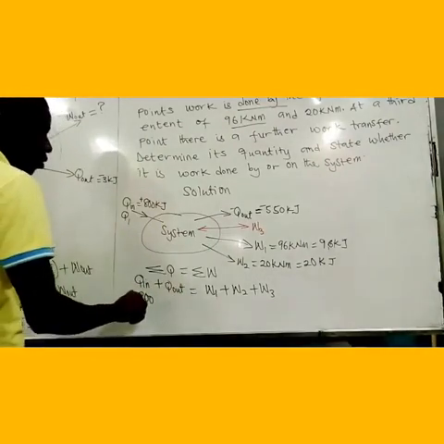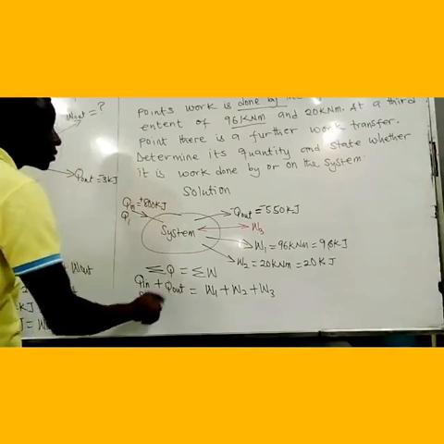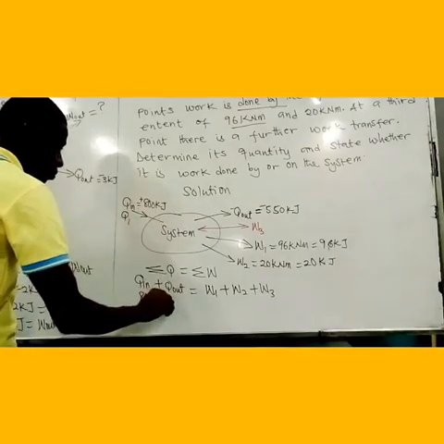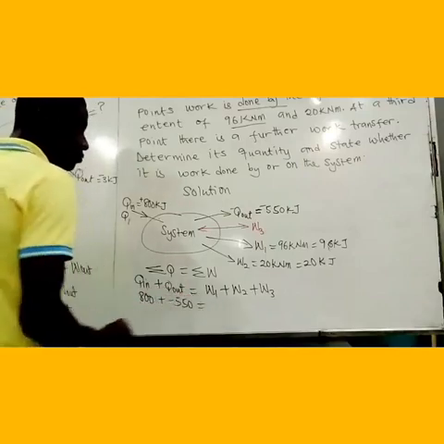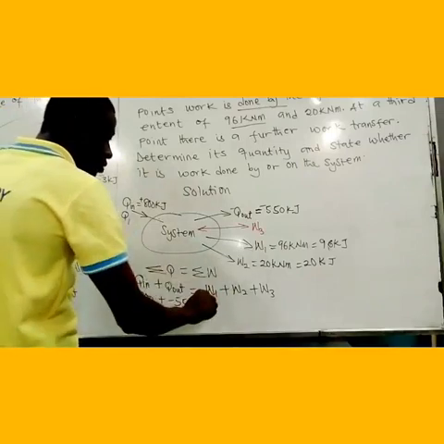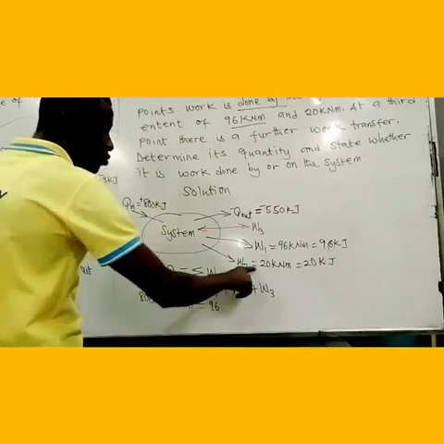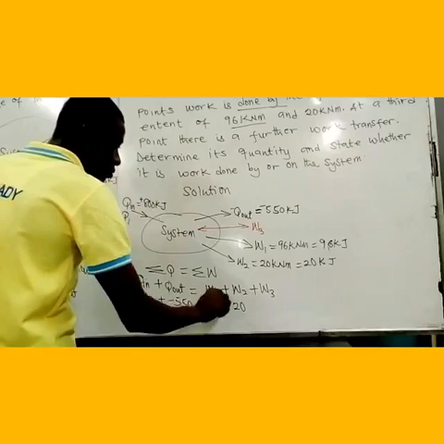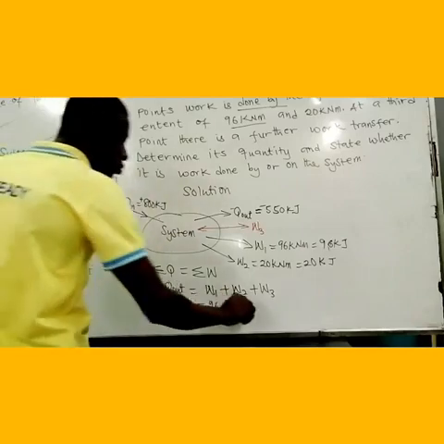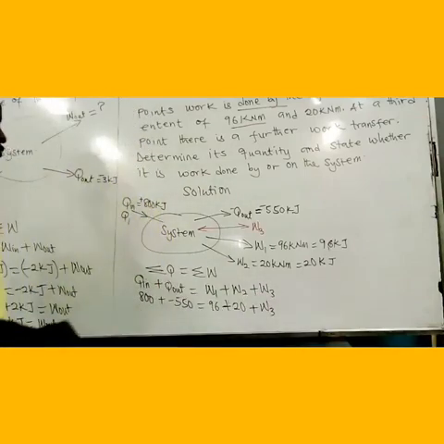So we can simplify easily. Q out is negative 550, equal to work 1, which is work done by, so it's positive 96. Work 2 is work done by, which is 20 positive. And work 3 we don't know directly, but we know we are summing, so we want to find work 3.